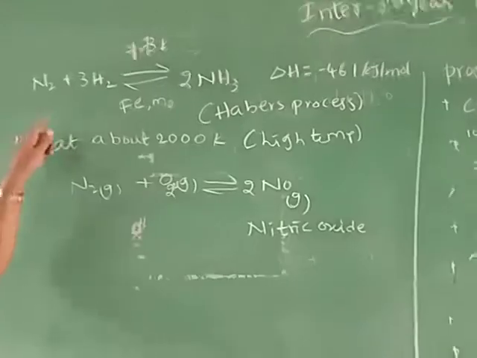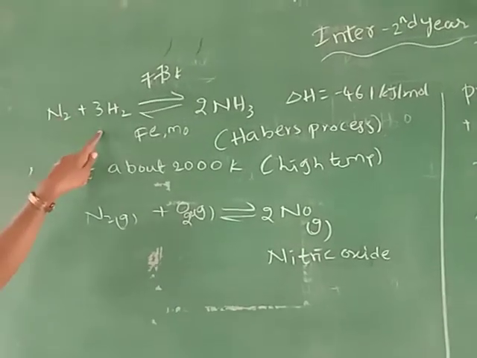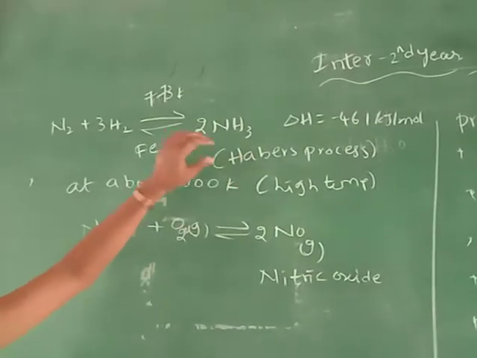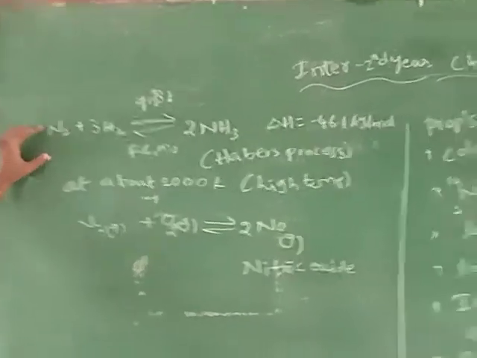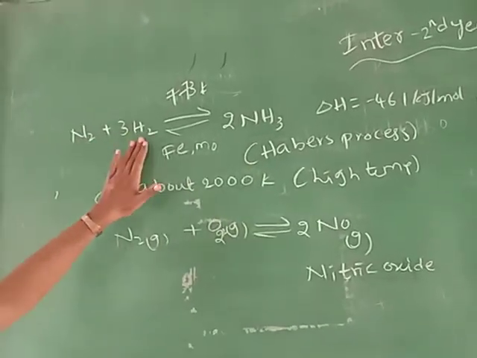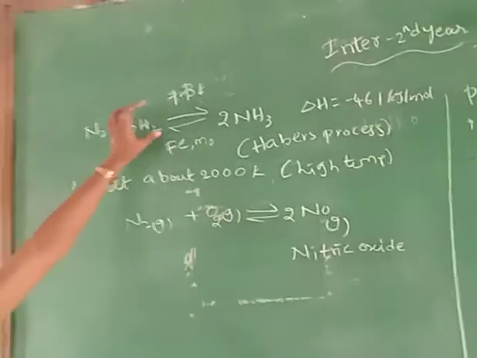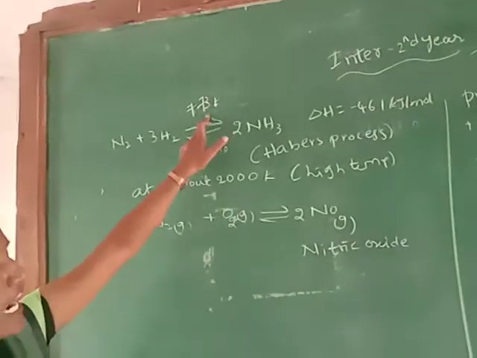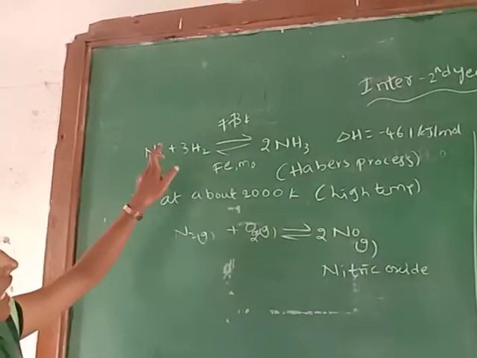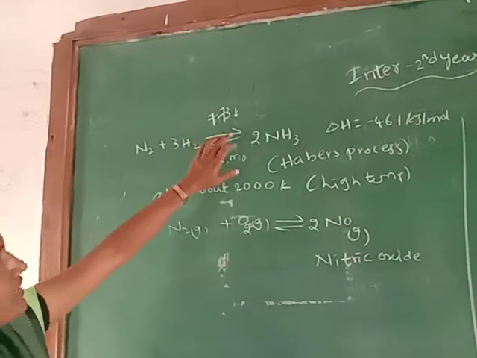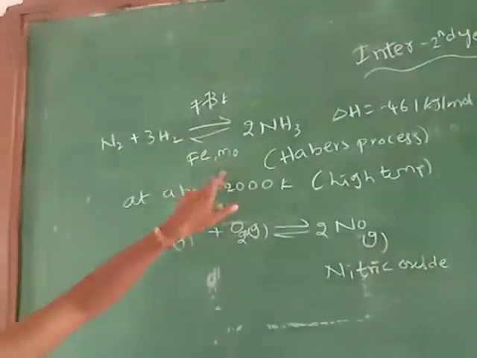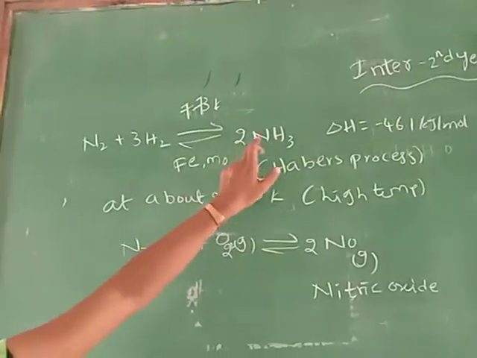Nitrogen and hydrogen, 1 mole of nitrogen and 3 moles of hydrogen, can react with each other and form ammonia. So by using dinitrogen we can prepare ammonia by Haber's process. At a high temperature of 773 Kelvin, and with iron and molybdenum as catalyst, we get 2 moles of ammonia.